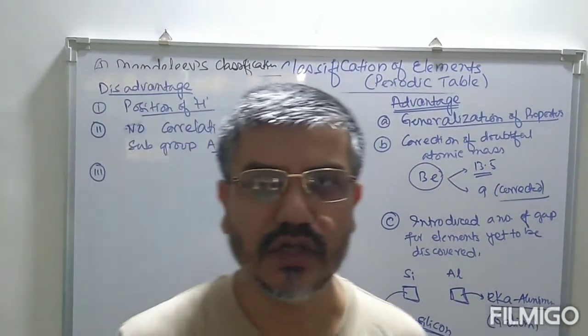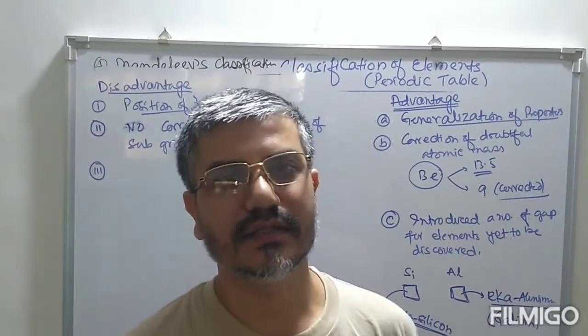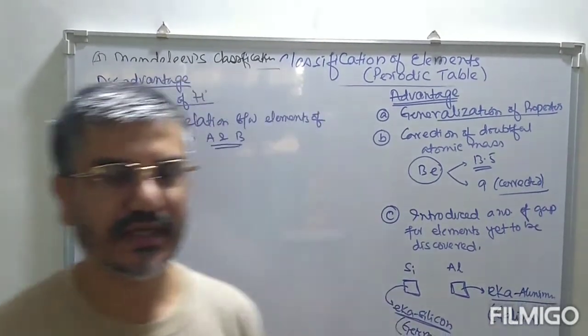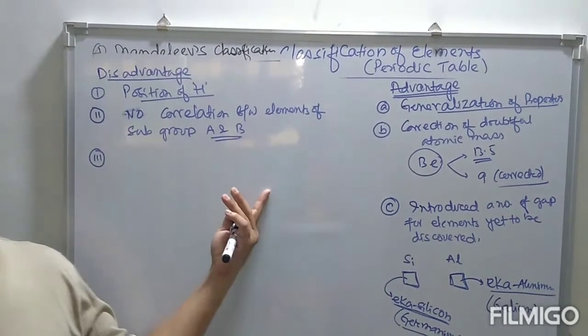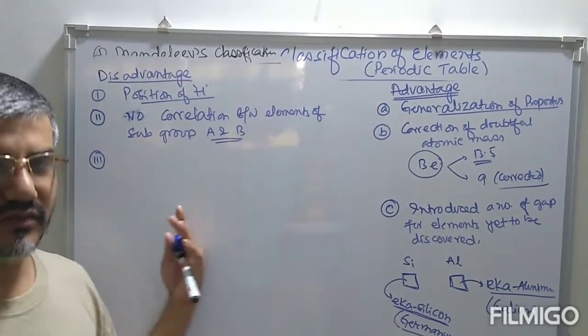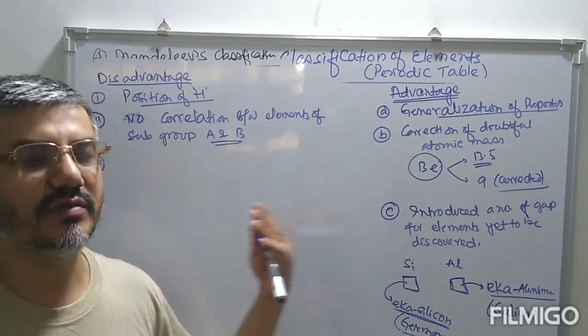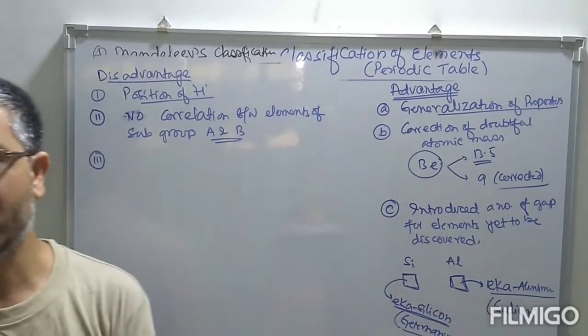Number 3. He arranged elements based on increasing atomic mass. The basis of his classification is atomic mass, so elements were arranged in order of increasing atomic mass.